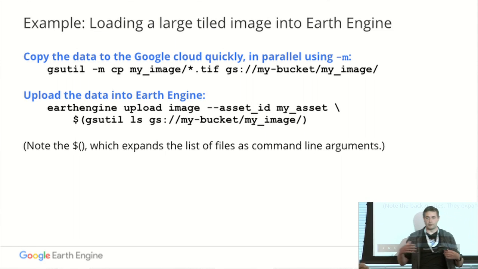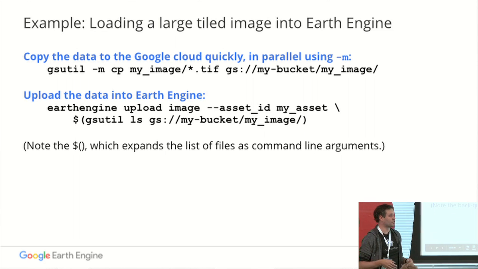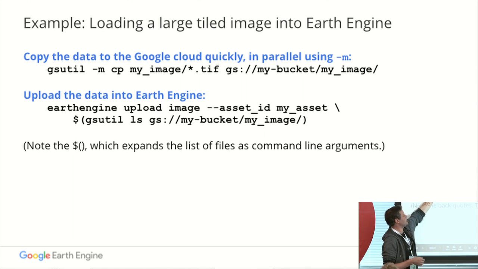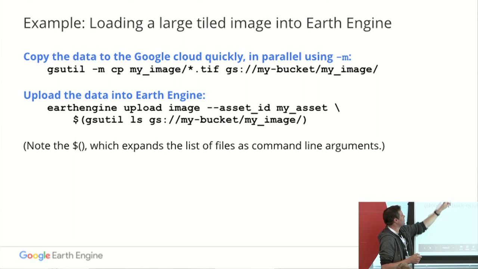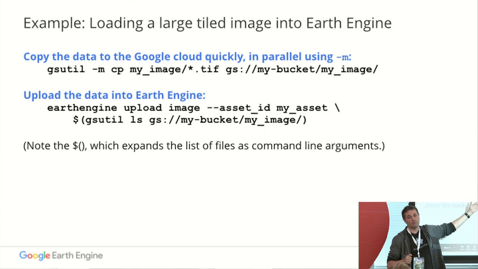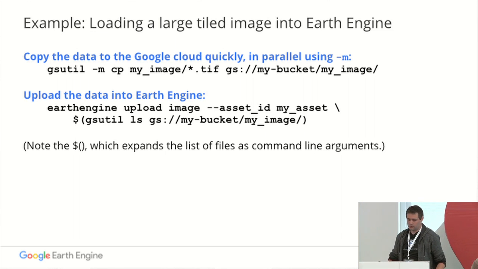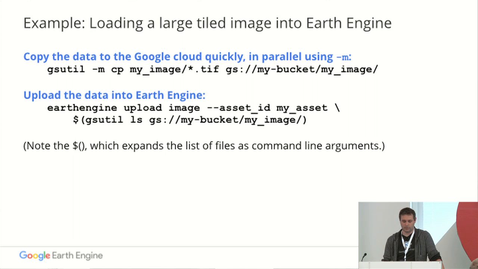What they mean, if you're using bash or a similar Linux terminal, is run that command and take its output and stick it right there on the command line as additional command line arguments to the next tool. Here, the earthengine upload image command takes a list of cloud storage URLs. So here we're generating that list of maybe it was 1,000 files that make up this maybe large image. So you don't have to think about what those are. It's a little common two-step dance that I often find myself doing.